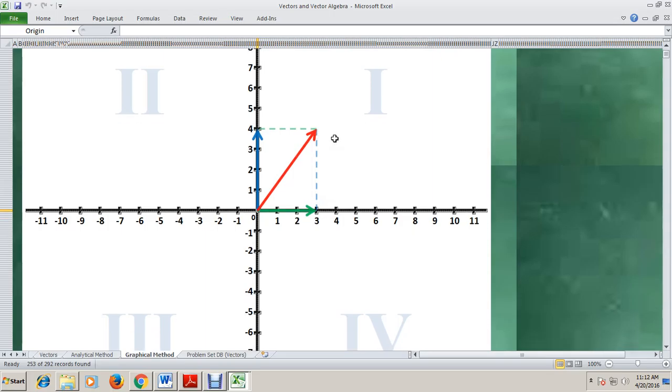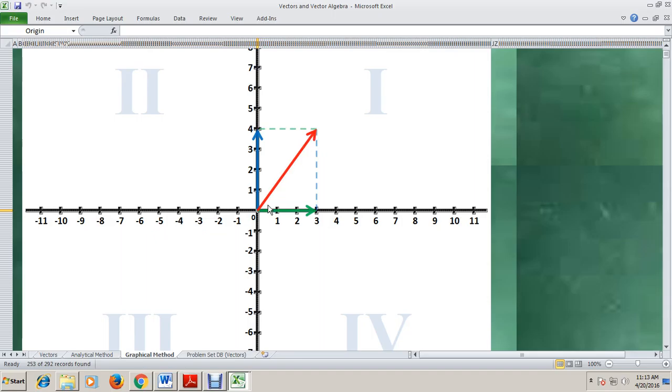Taking note that this is a right triangle, we have the green arrow as the base and the blue arrow as one of the sides, or one of the legs, of the triangle.